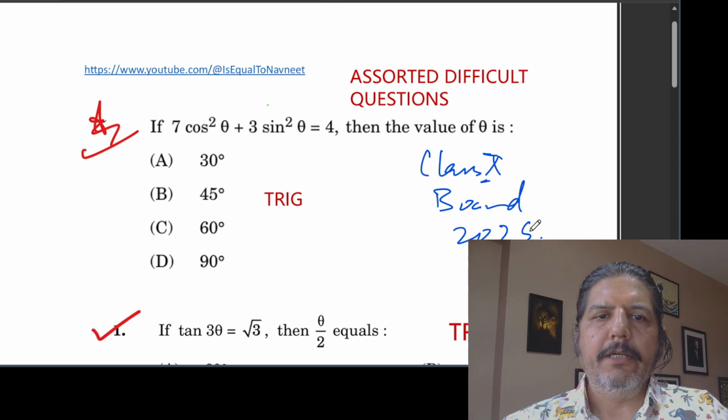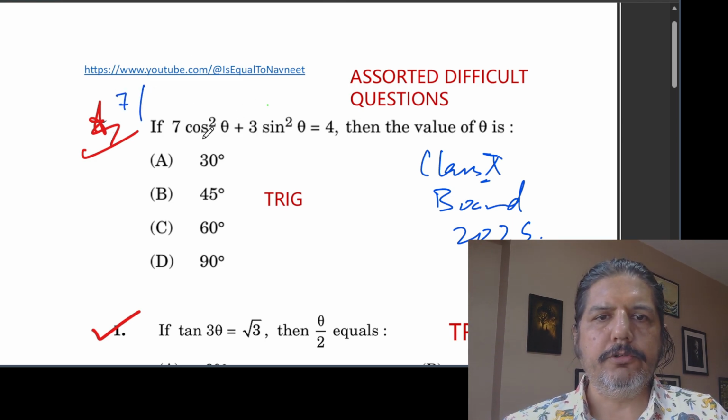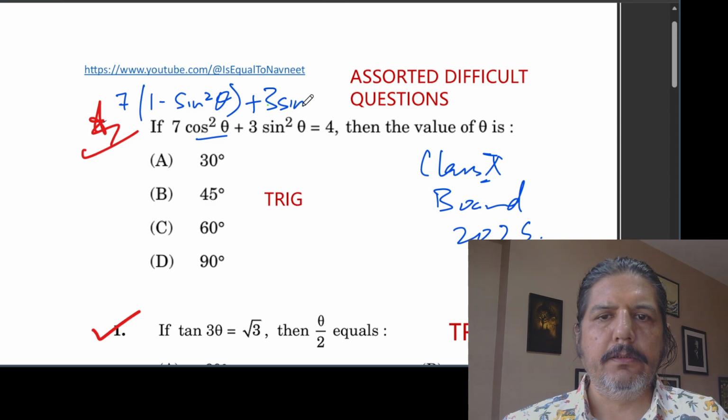Now, this is a 1 mark question. The easy thing is that 7 cos²θ can be written as 7 times (1 minus sin²θ), plus 3 sin²θ is equal to 4.